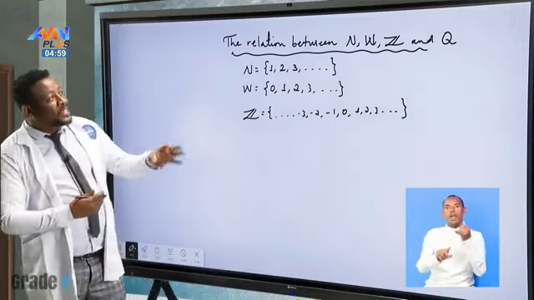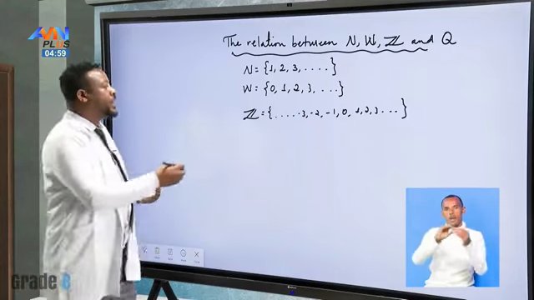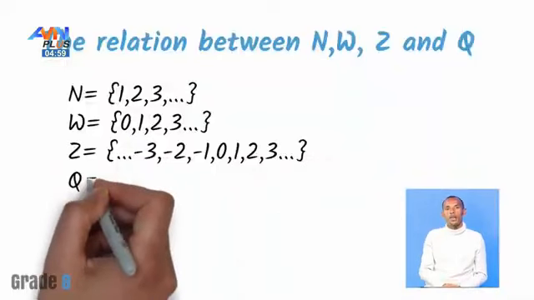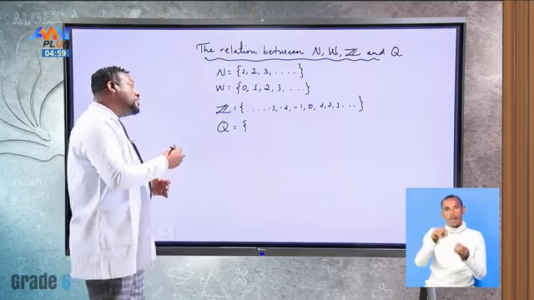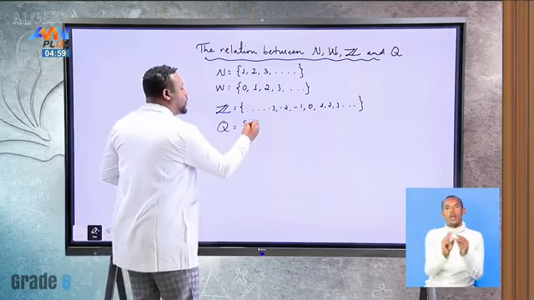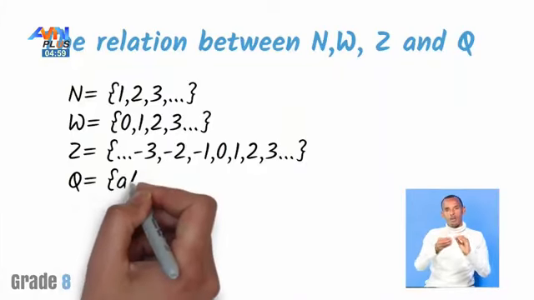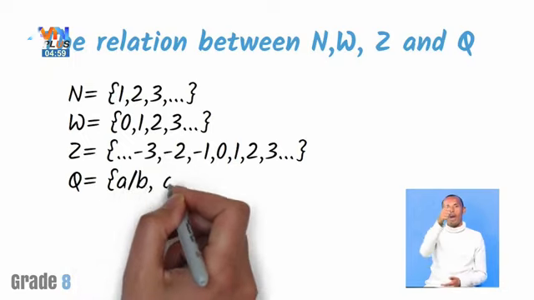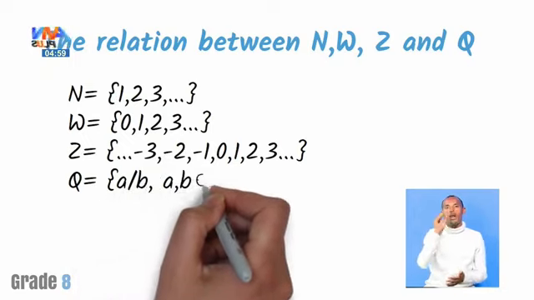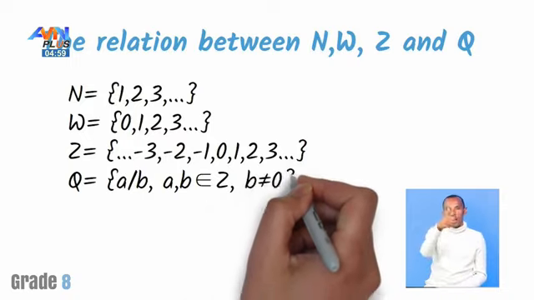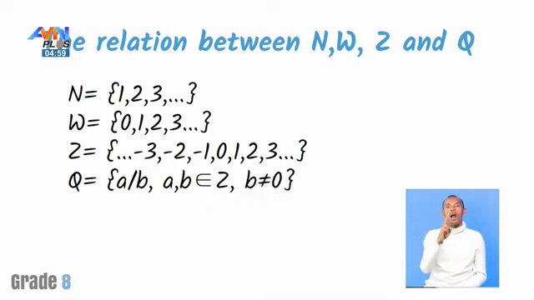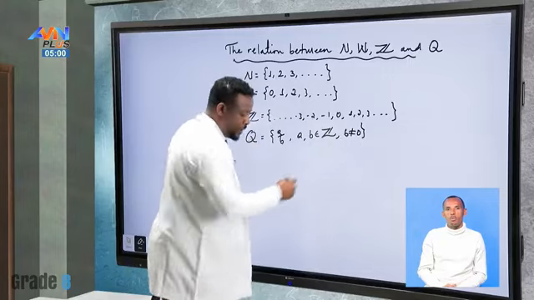Okay, the last set of number that we have here is rational number. The set of rational number is a collection of numbers having the form a over b, where a and b are elements of integers, right? So a and b are elements of integers, and this b should be different from 0, okay?